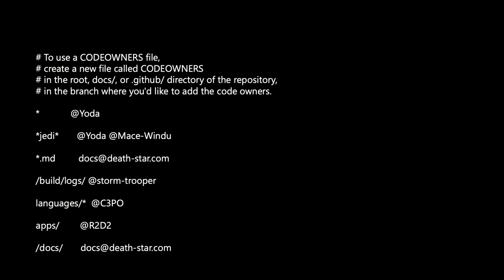Anything that has the file like Jedi in it is going to be Yoda and Mace Windu. Anything that's a .md is going to go to the docs team at deathstar.com. You can see the build logs are dealt with by the stormtroopers here. Languages obviously is going to be C3PO, that kind of thing. So we're able to identify specific folders, file types, all of that.